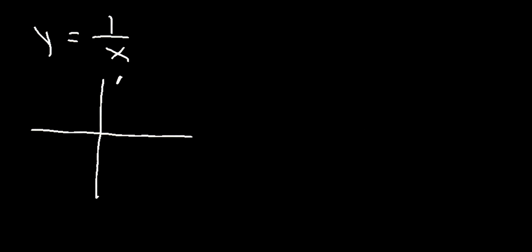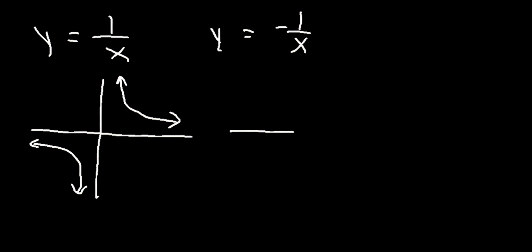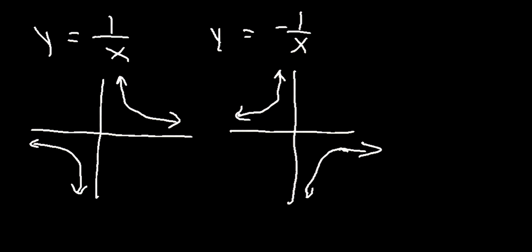Now let's say you have 1 over x. The parent function for 1 over x looks like this. And if you have -1 over x, it looks like this. It reflects over the y or the x-axis. Doesn't matter, it'll be the same.